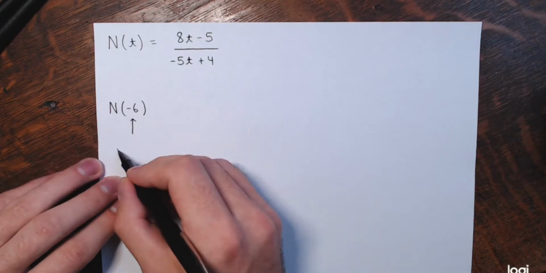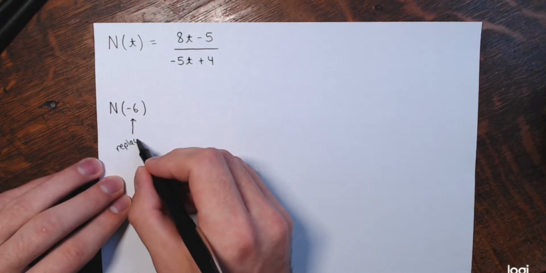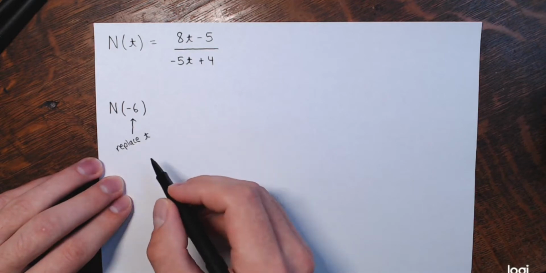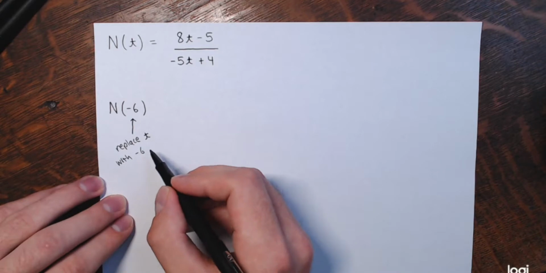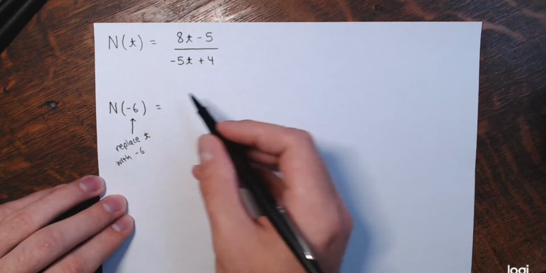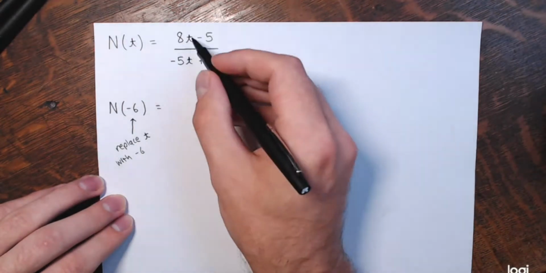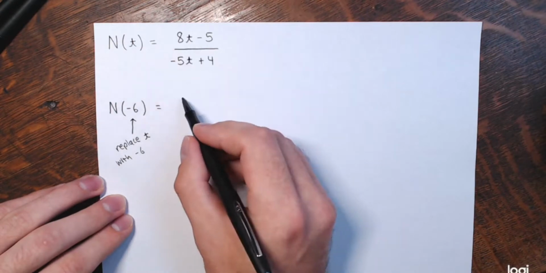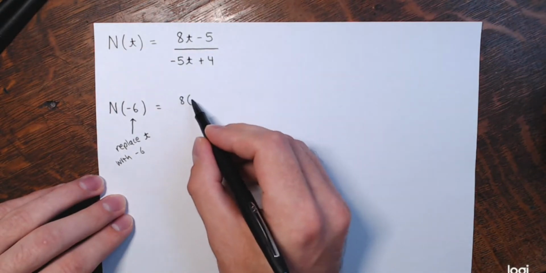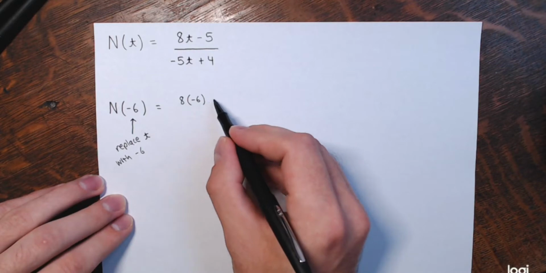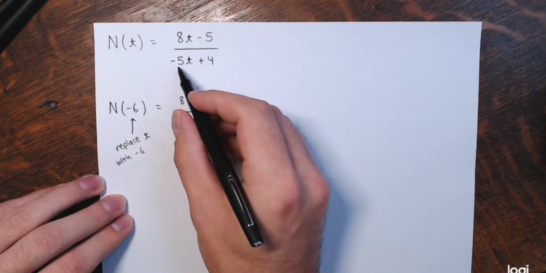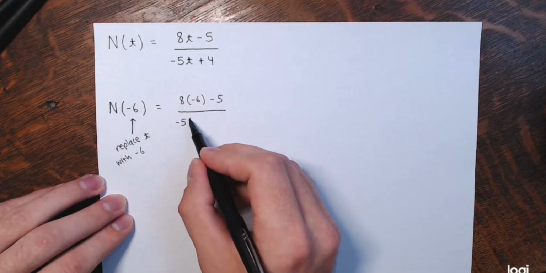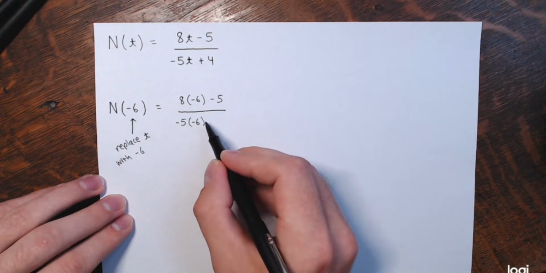This means replace every t you see, every input variable, with the number negative 6. So I'm going to do that on the other side here, this expression, how you calculate the output. This will be 8 times, t is negative 6, minus 5 in the numerator, and then the denominator, negative 5 times t, which is negative 6, plus 4.